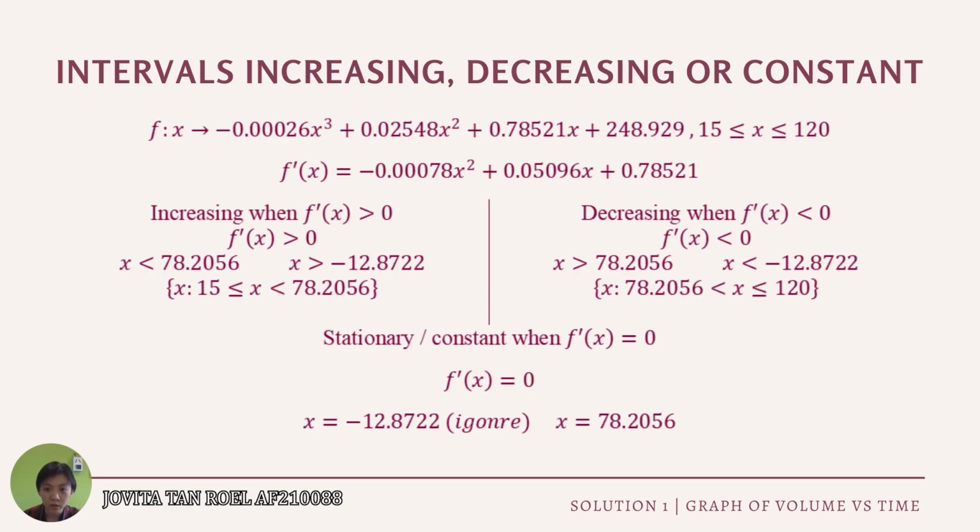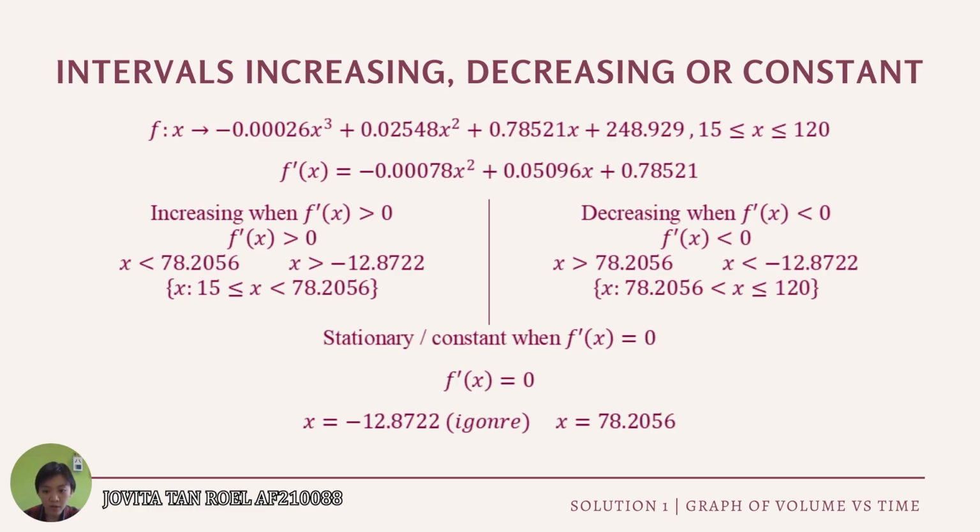To find the interval increasing, decreasing or constant, first we differentiate the given equation. When increasing, f prime is larger than 0, and after calculating using the computing square, we can get x smaller than 78.2056 and larger than negative 12.8722.